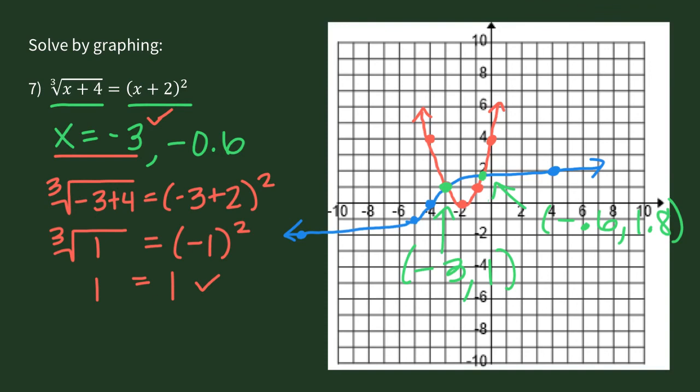And then now I want to plug in -0.6. So in place of the x, I'm going to put a -0.6.